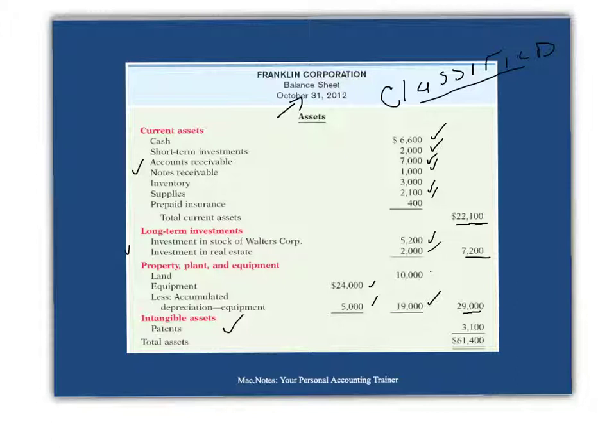Because here the assets are $61,400, but they're broken down into those assets, $22,100, that we're going to use up very quickly after this balance sheet date. Long-term investments, which are going to stay there for a long time. Property, plant, and equipment, which we're going to use over the next 5 years. And patents, which also has a long life.